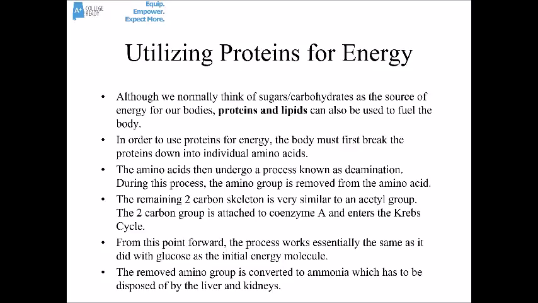During this process, the amino group from the amino acid is removed. That leaves behind a 2-carbon skeleton that is almost identical to an acetyl group. That 2-carbon group attaches to coenzyme A and then enters the Krebs cycle essentially as acetyl coenzyme A. And from that point forward, the process works essentially just like it does with glucose.